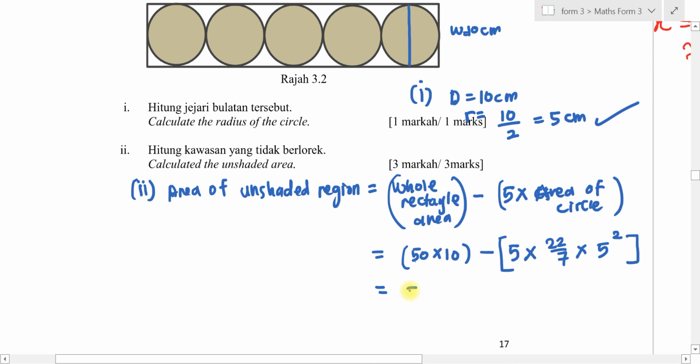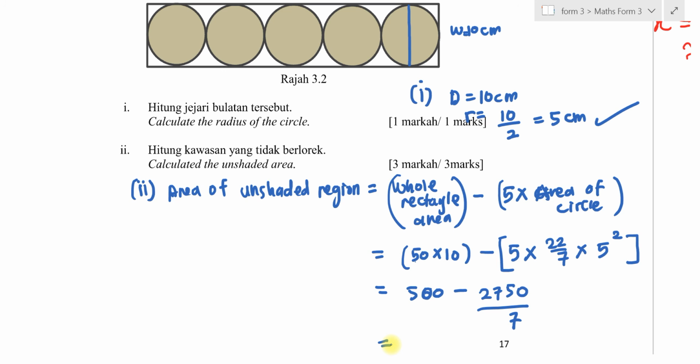So 50 times 10 is 500, minus how much is this one? 125 times 22 divided by 7. Let's see how much this is.